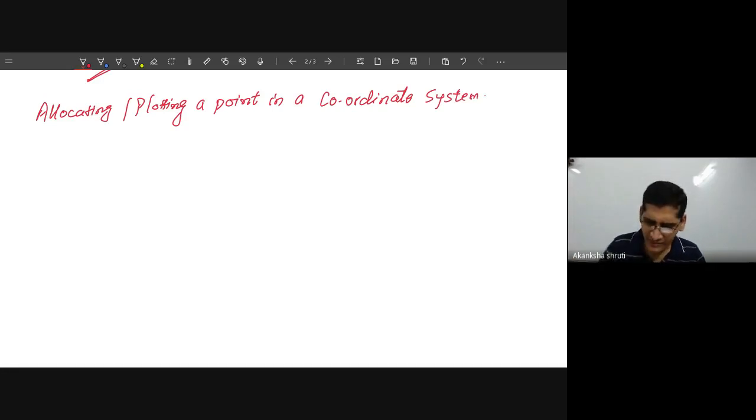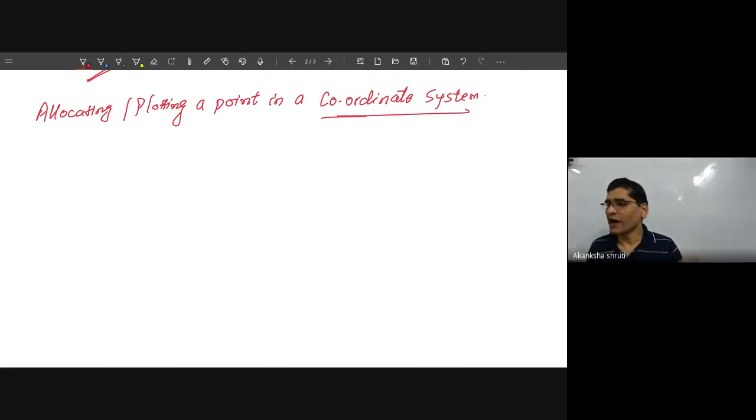Student, we are given a coordinate system, and any point can be specified with the help of its x coordinate and y coordinate.